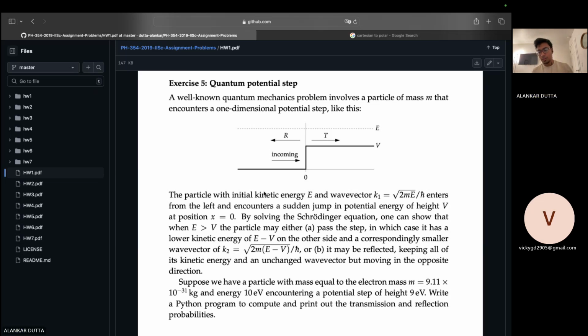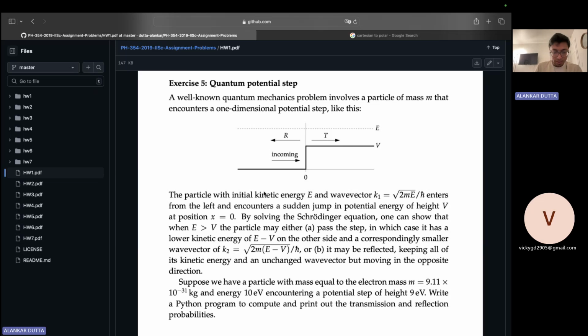Okay. So again, I'll not go into the details of quantum mechanics, but this is related to something called quantum tunneling and particle reflections. The idea here is that in quantum mechanics you can think of particles as waves.